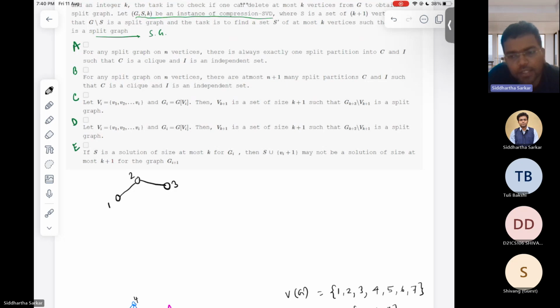So is this a split graph? What do you think? Yes, it is a split graph. So which part is the clique and which part is the independent set?